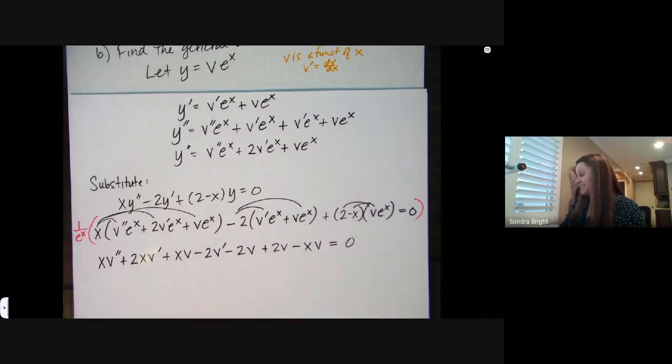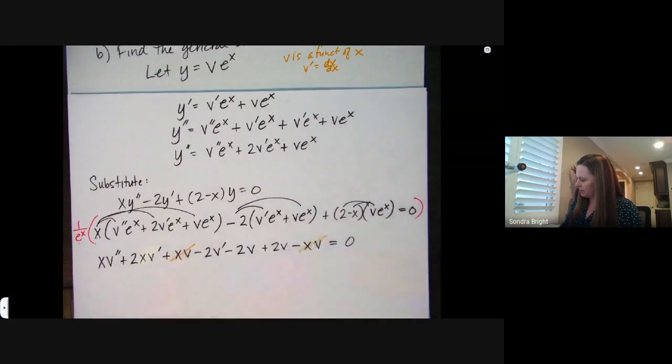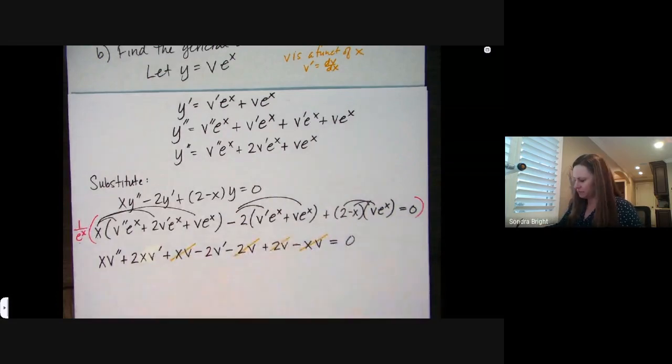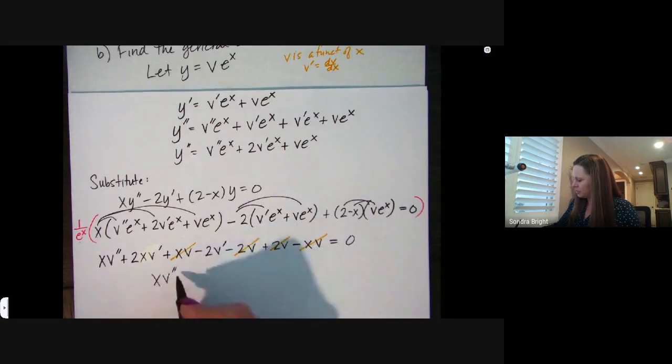Let's see. Well, some things cancel. x times v minus x times v, negative 2v plus 2v. And that looks to be about it. So I am now left with x v double prime plus 2x v prime minus 2v prime equals 0.